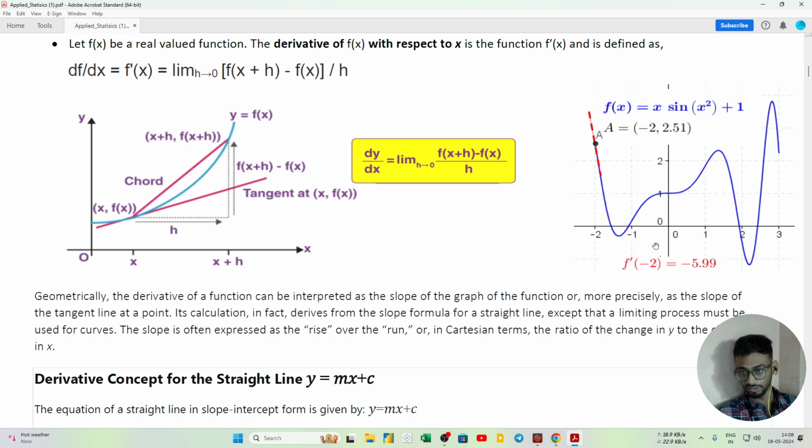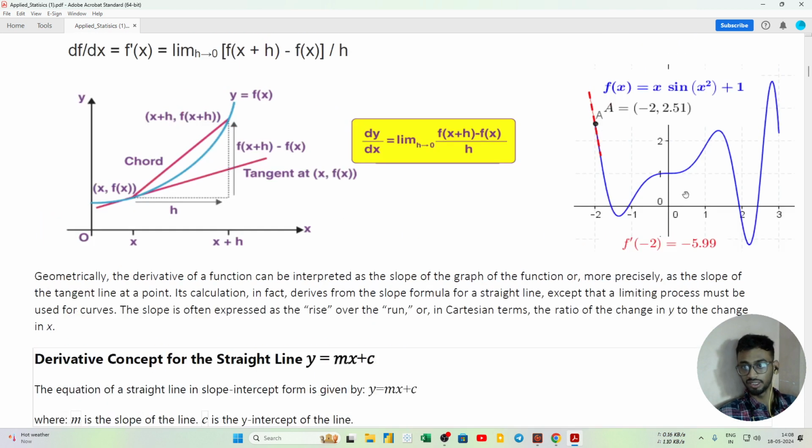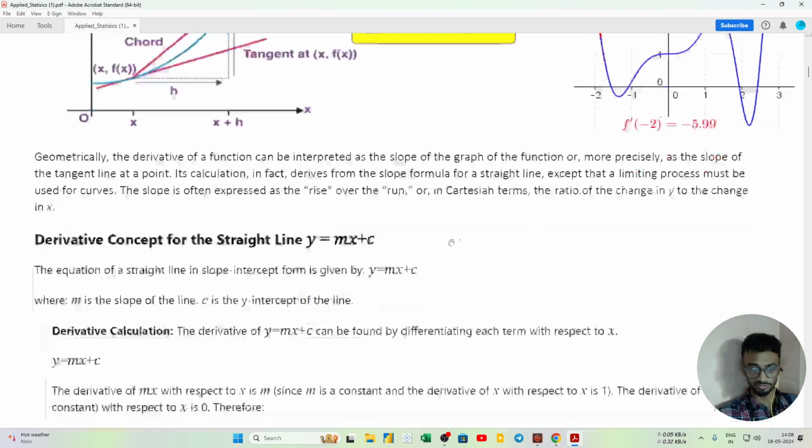For any different value of x, the derivative of the function is different, and this represents how the function is changing for a slight change in x, or a slight change in the other variable. So the derivative is nothing but the instantaneous change of a function.